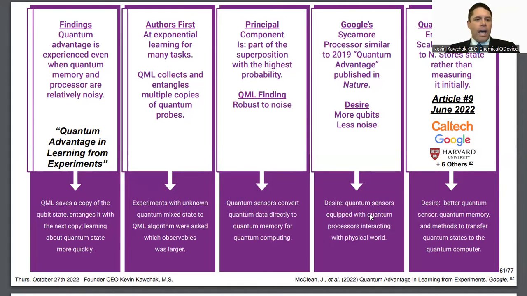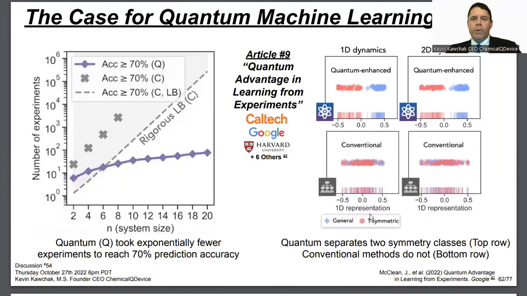In the bottom left, it describes that QML saves a copy of the qubit state, entangles it with the next copy, learning about the quantum state more quickly. This is actually a huge thing. It's contrary to belief, but this is quantum sensing, quantum memory, quantum computing used with a faulty, noisy Sycamore quantum processor, so that the noise is no longer the primary component.